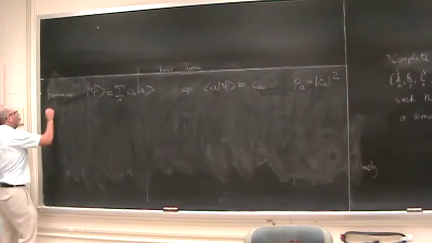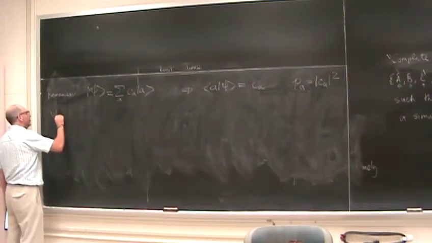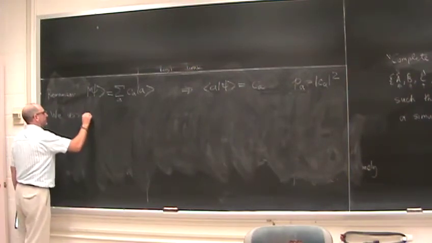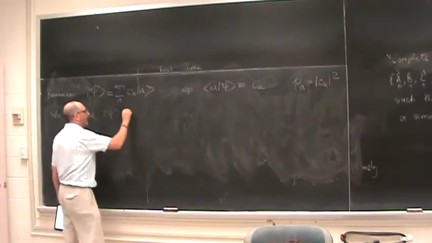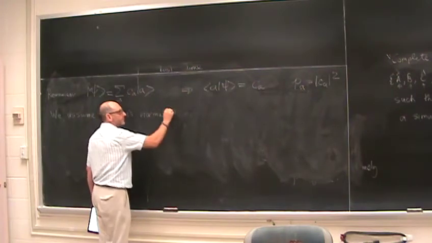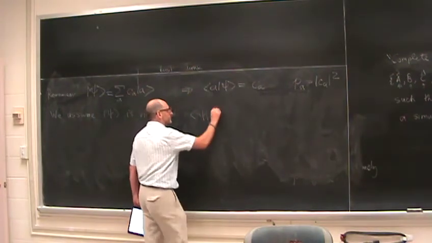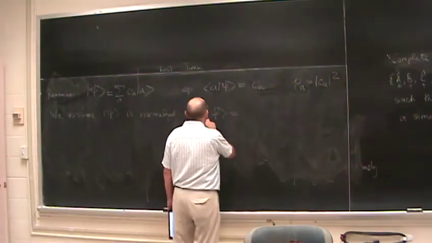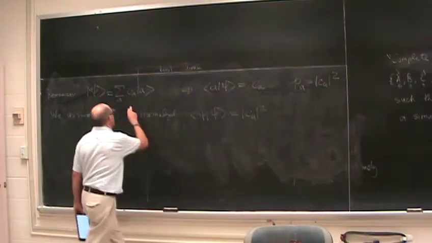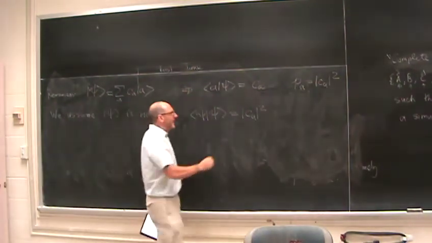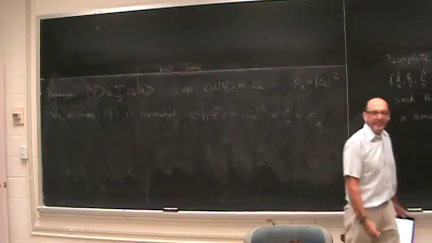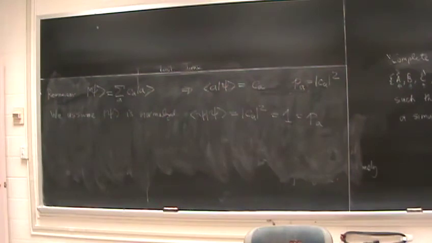Moreover, we assumed psi is normalized. Right? Which means that if it's normalized, by the Pythagorean theorem, the sum of all these guys is 1, which is to say the total probability to find something is 1.